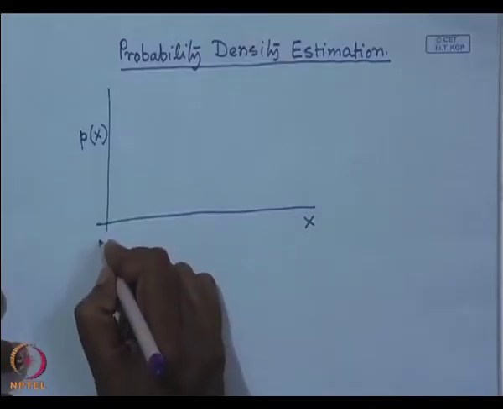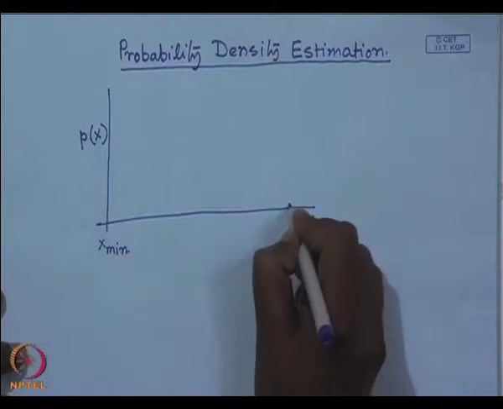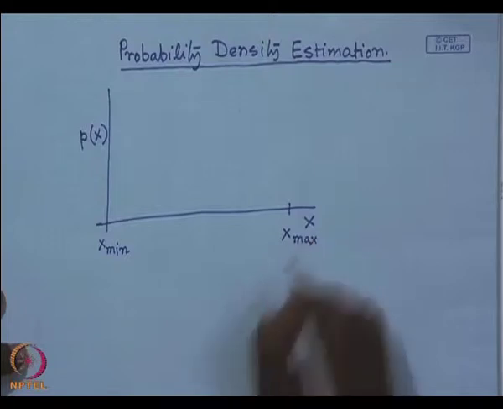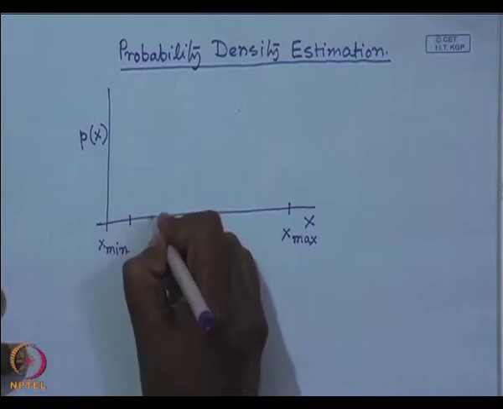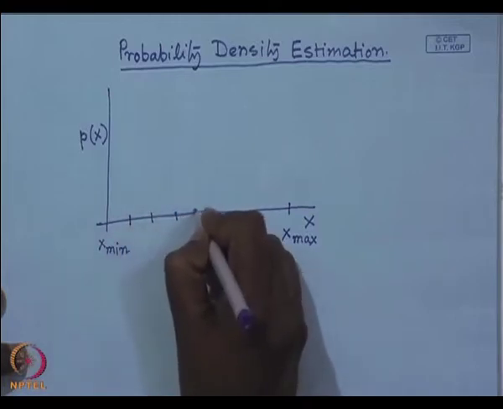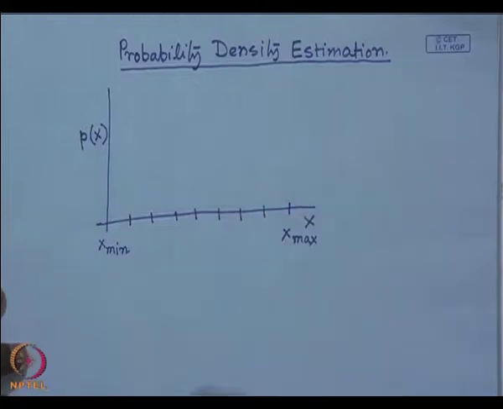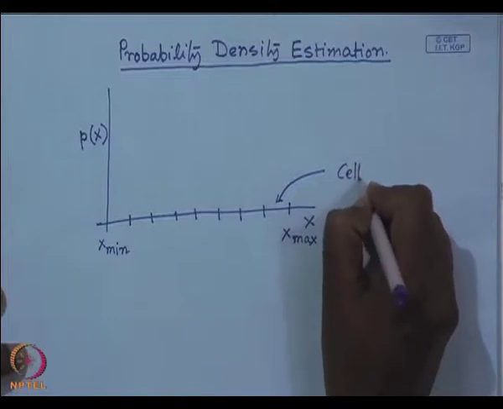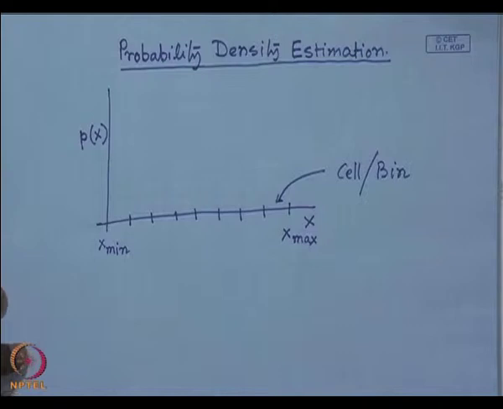So, what we have done is, suppose this is the minimum value of x, or let me put it as x min, and this is the maximum value of x that I can have, say x max. So, this range of x is divided into a number of intervals. And each of this interval is called a cell or a bin, right.